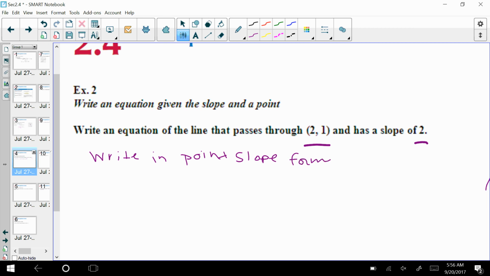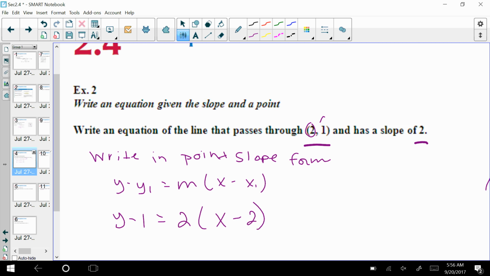And point-slope form, again, is y minus y1 equals m times x minus x1. So here we're given the slope and a point. So y minus y1, which in this case is 1, equals the slope, which is 2, times x minus x1, which is 2.